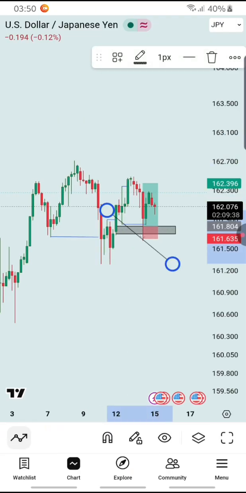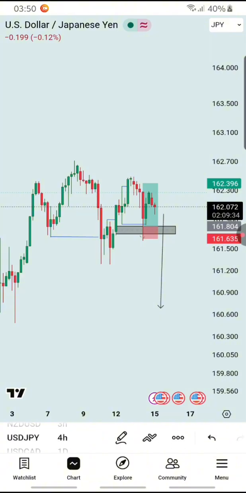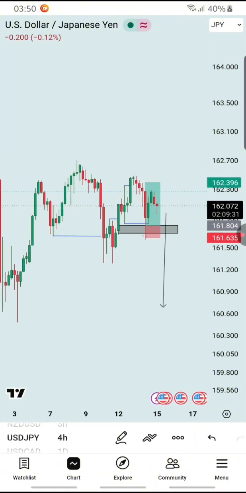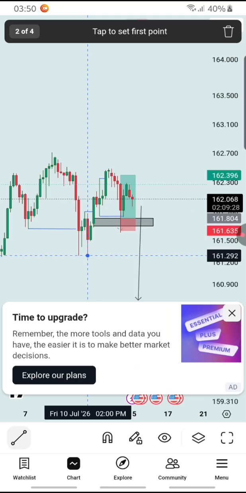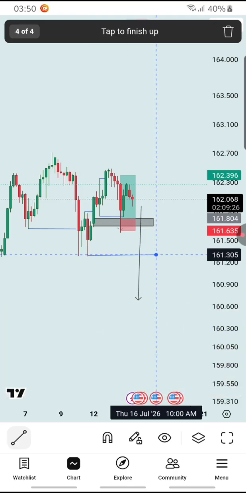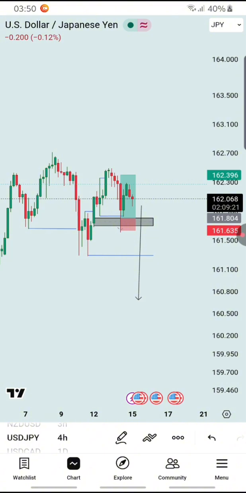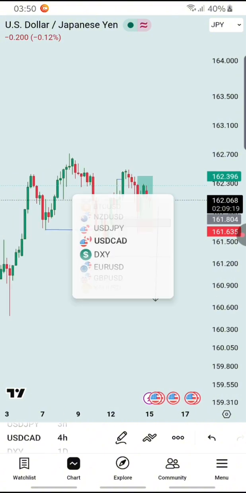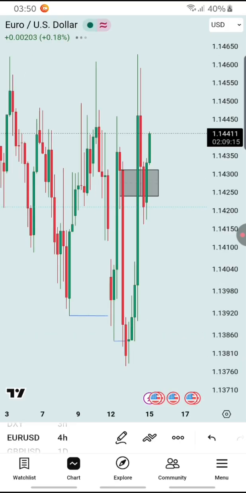And after a change of character, obviously price tapped into a supply level on the upside, then pushed downward. Because the break of structures were just internal, I was just expecting price to give me a swift 1:2, because that trade is about 1:2, maximum 1:2.5. So I was expecting price would just do its thing, then push back down.